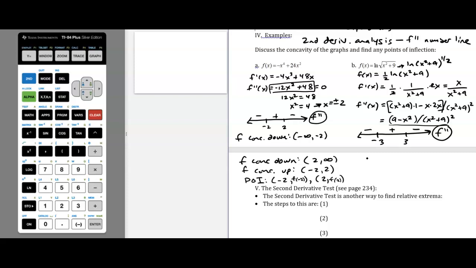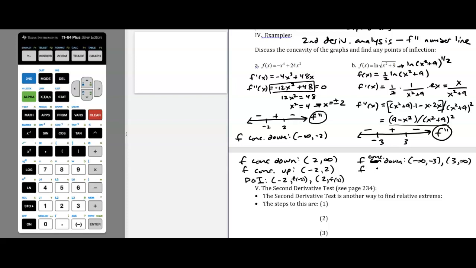So once again, we can say that f is concave down on the intervals negative infinity to negative 3, as well as 3 to infinity.